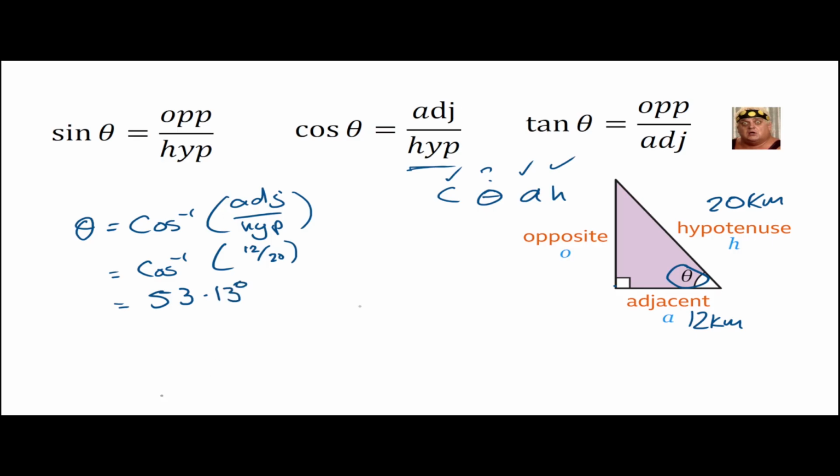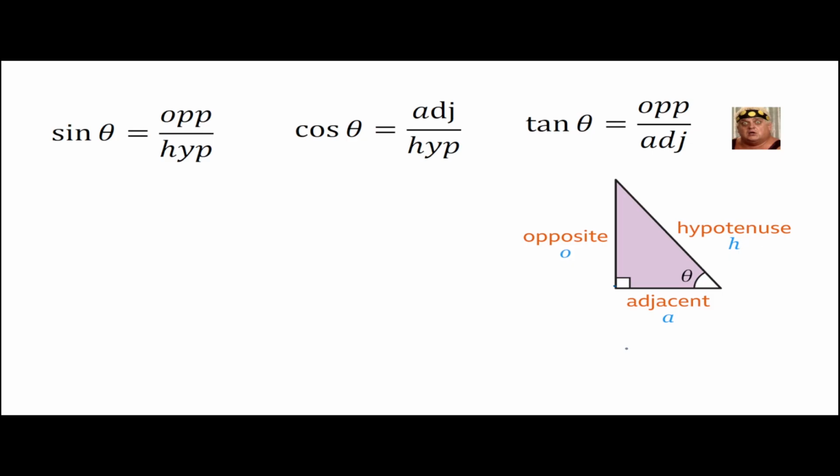Degrees is the unit, not kilometers or anything like that. If these are the same units, kilometers over kilometers, we're fine. If this was centimeters and this was meters, then we would need to put them into the same scale, but that's our answer.